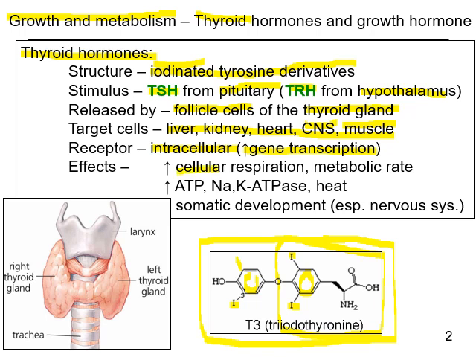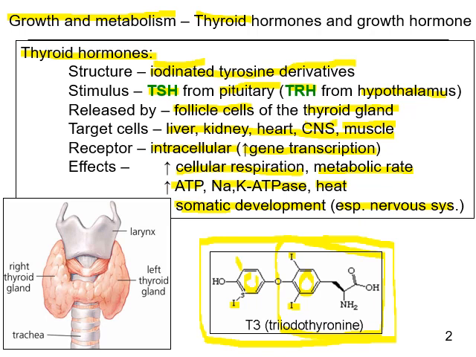It increases the rate of cellular respiration, so it makes more ATP. It increases the metabolic rate, so everything that the cell does, it does more of. There is the increase in ATP production, increase in sodium potassium ATPase activity, production of heat by metabolism, and the development of cells, development of the body, somatic development, especially in the nervous system.